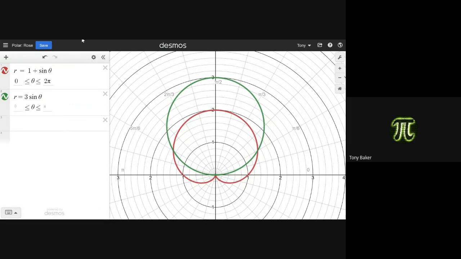So the next problem that we're looking at wants me to find the area in between the two shapes, or not in between. So that's up here. So we're looking for the area in here.